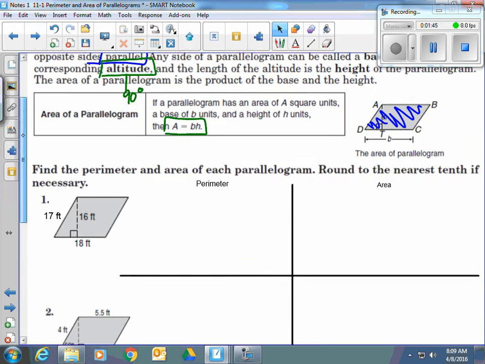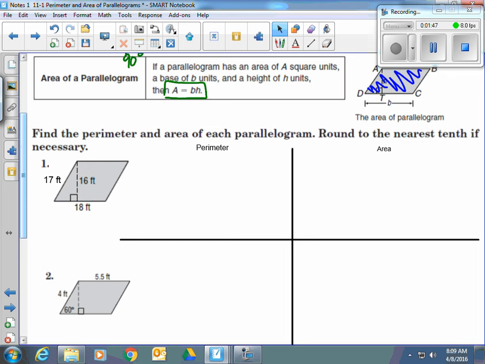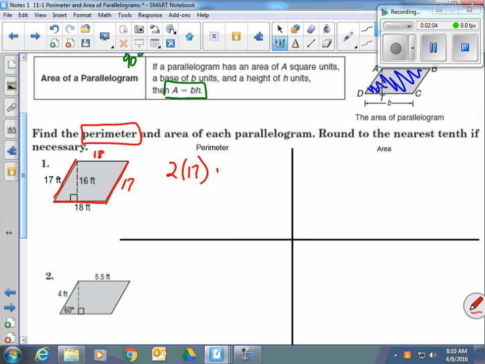Okay? So right here, if I'm going to find the perimeter, what does perimeter mean? Perimeter means to add all sides. So if this side down here is 18 and this one is 18, remember it's a crooked rectangle, and this side is 17 and this side is 17, then to find the perimeter it's 2 times 17, because I have 2 of them, plus 2 times 18.